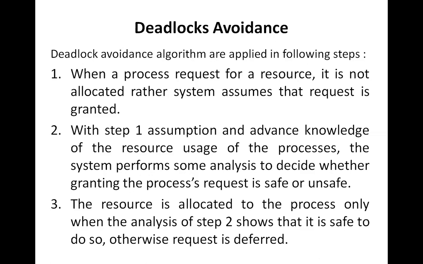Now, how to make this safe sequence? It is based on the idea of checking whether all the processes are in a safe condition or not. I'm giving you an example. Suppose there are three processes, P1, P2, P3, and certain resources are available. P1 has been allotted a certain resource, P2 is allotted a certain resource, P3 is allotted a certain resource, and P1 is again asking for another resource.